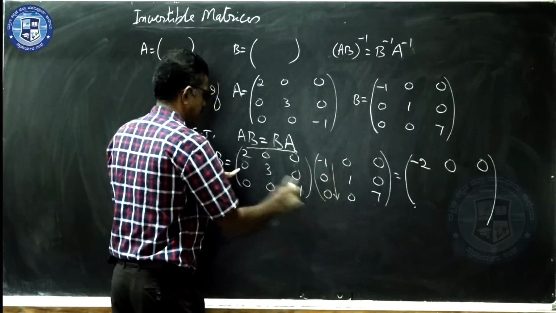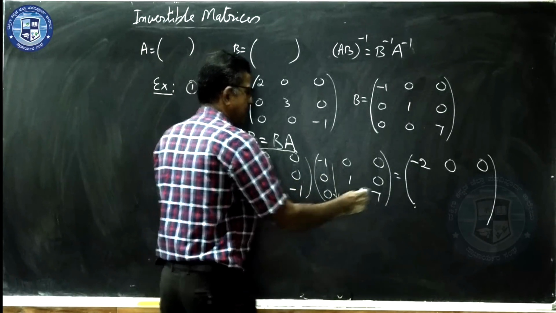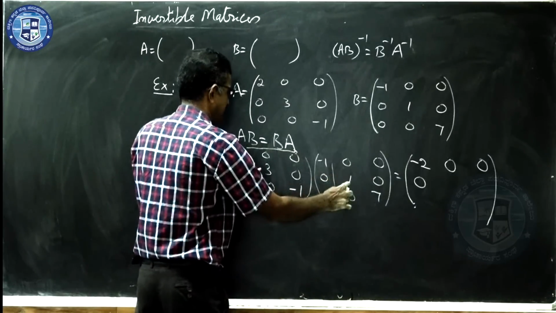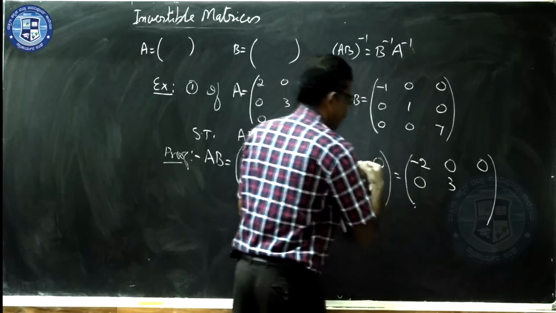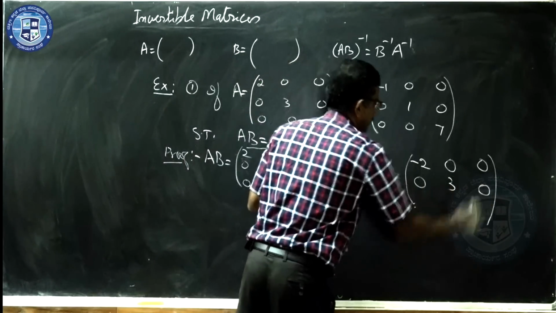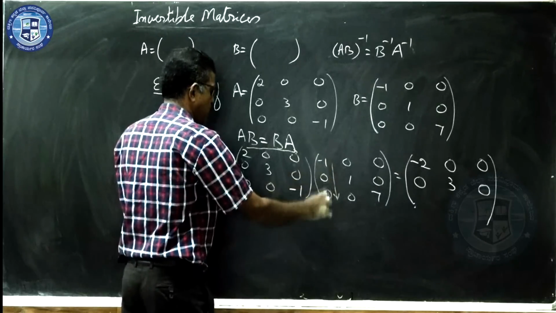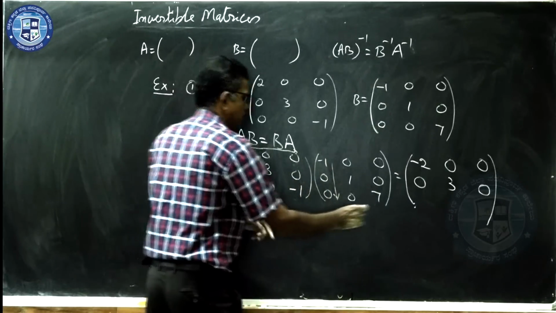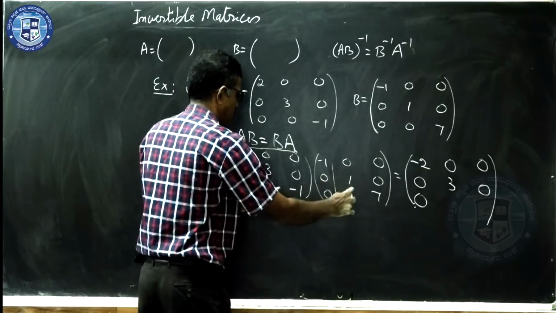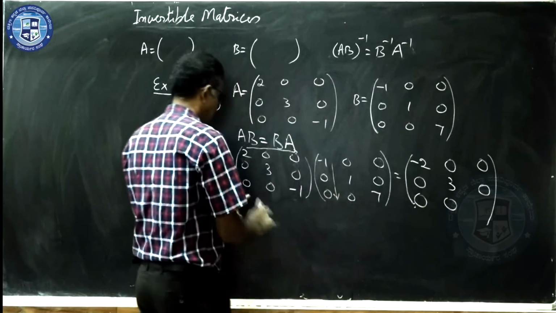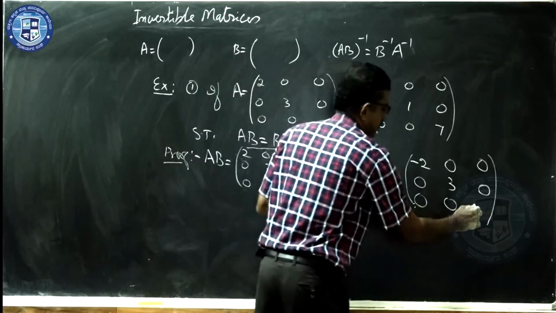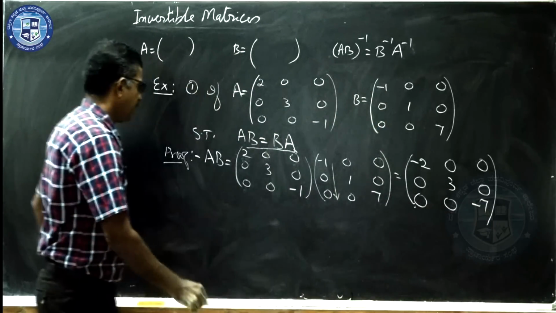Second row with the first column: 0. Second row with the second column: 0 plus 3 plus 0, it is 3. Second row with the third column: 0. Third row with the first column: 0. Third row with the second column: 0. Last one, third row with the third column: 0 plus 0 minus 7, minus 7.